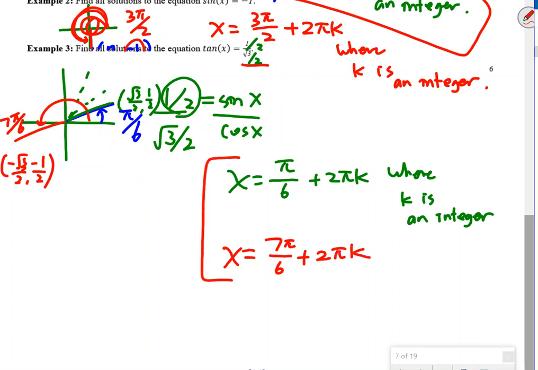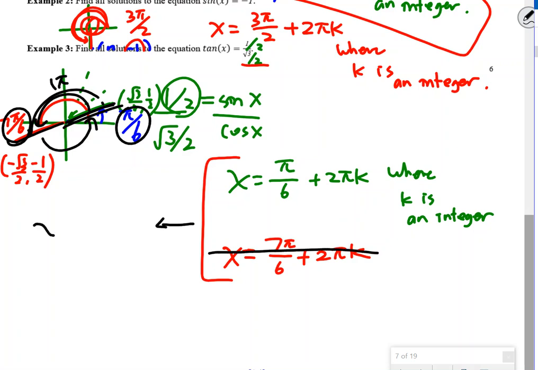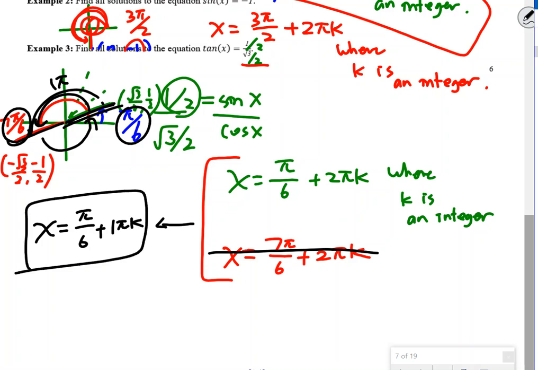Yes, you may leave the answers like these two different ones, but when you look into the relationship between these two, from pi over 6, when you add 1 pi, then you're getting the second answer. When you add another pi, then you're getting the third one and the fourth one. So you may get rid of this one and change it into x equals pi over 6 plus 1 pi k as a final answer.